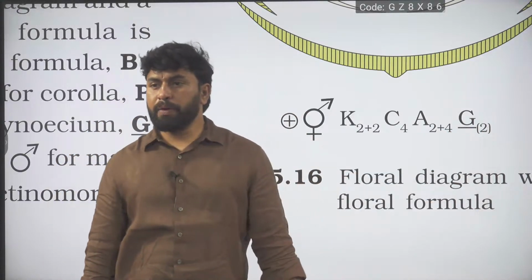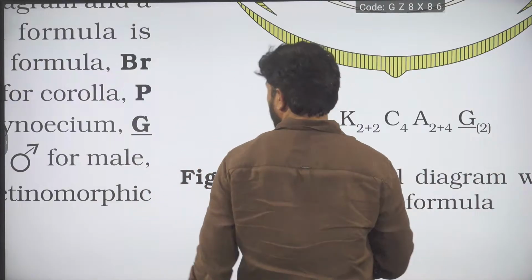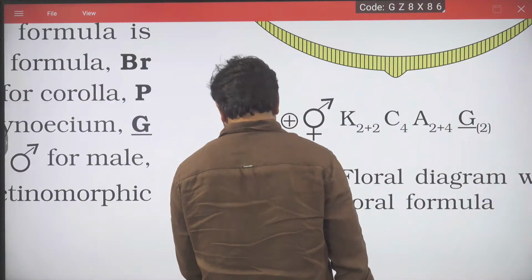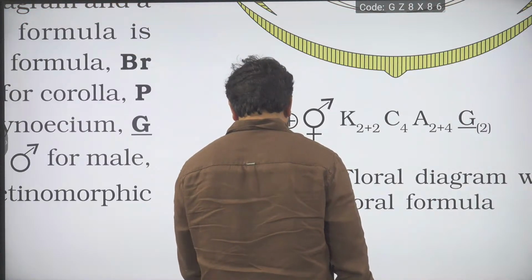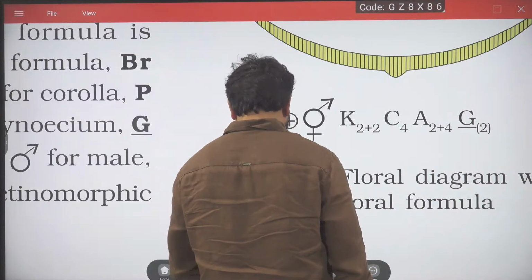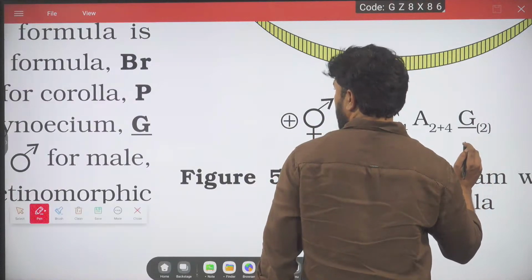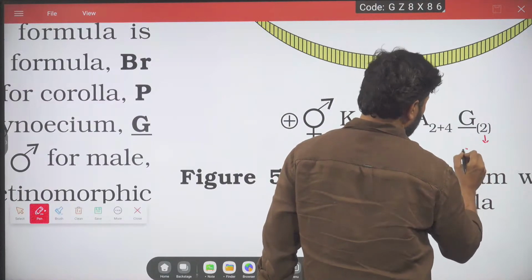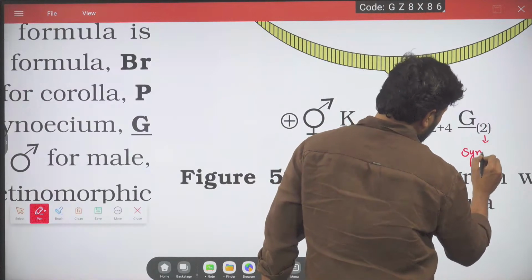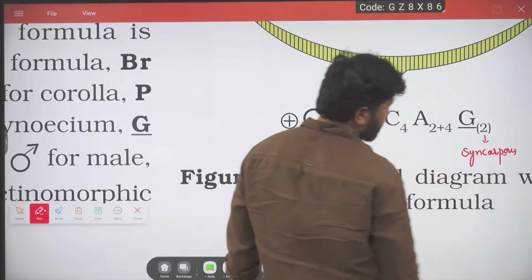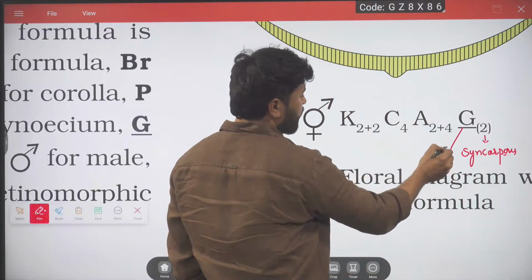If you observe, this parenthesis or bracket indicates they have been fused. There is a fusion of carpels. Carpels have been fused. This condition is called syncarpous gynoecium. Syncarpous.